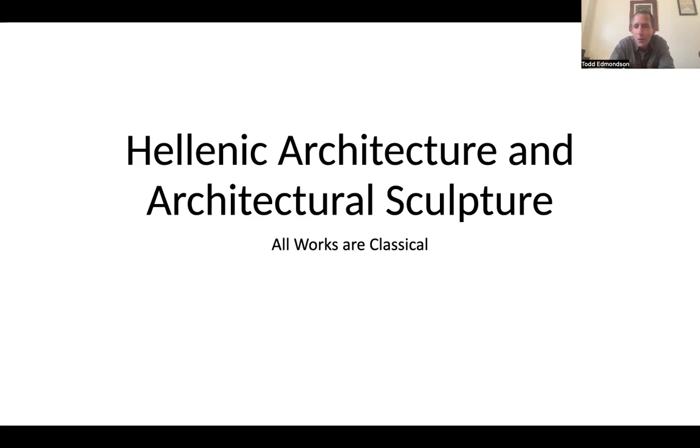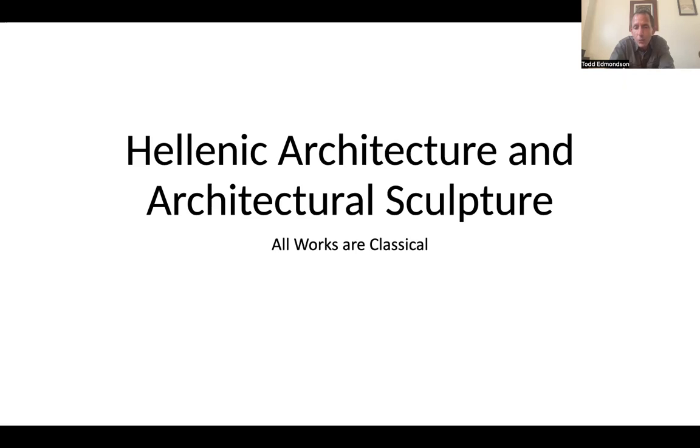Another place you might look, and probably the first place you would look even before looking at the base, is at the top of the column, or the capital. One of the things you'll notice is that at the capital of the column in the Doric order, you have a very simple capital, a very simple construction there at the top.